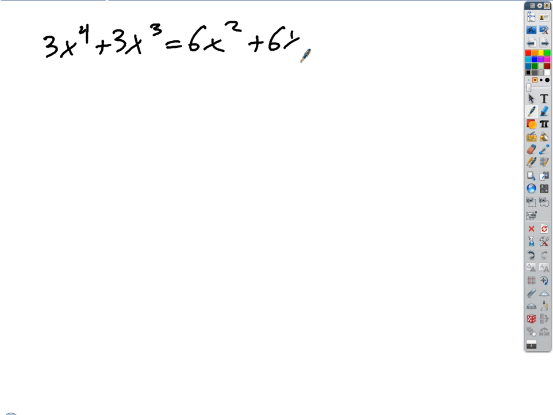Yeah, think analytically. What's going to be problem solving? I'm going to solve this equation. What am I definitely going to do first? Standard form. Good.